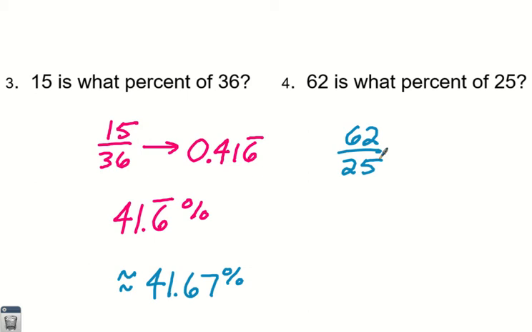Dividing that 62 divided by 25, that gets me exactly 2.48. And remember, that's a decimal. And when you move the decimal 2 places to the right, in order to change it to a percent, you get 248%. Final answer.